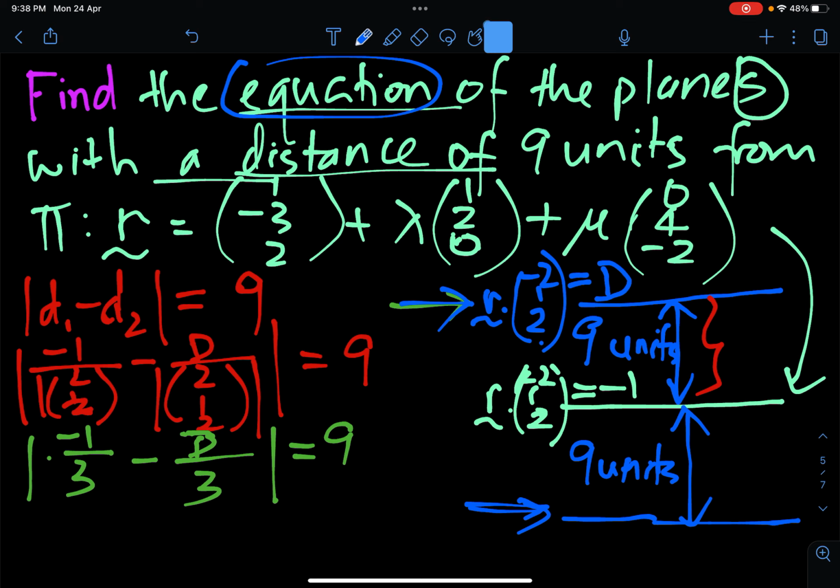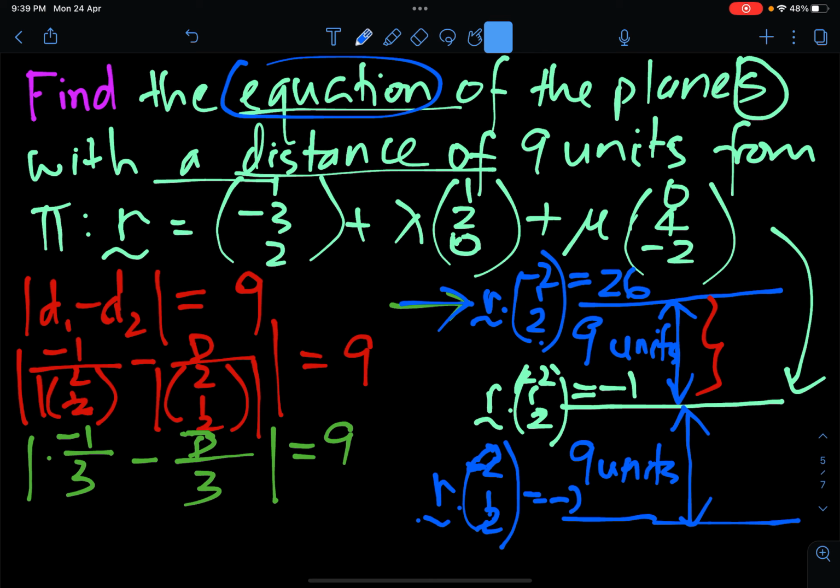So this D here is 26, and this is r dot minus 2, 1, 2 equals negative 28.